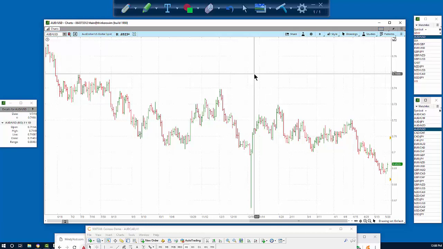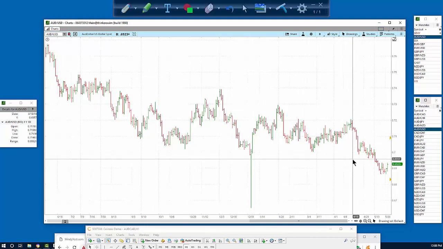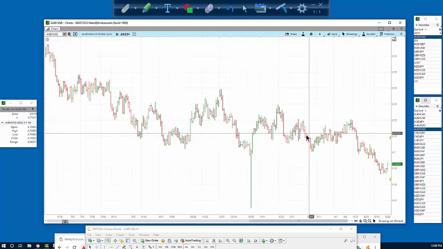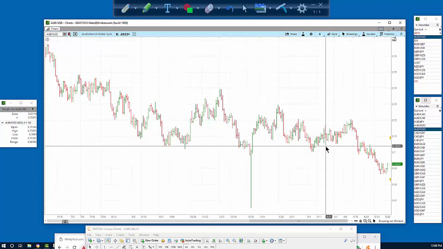Because we all like to use technical indicators, but technical indicators are just that. They're technical. And what that means is that essentially all technical indicators that you can put on a chart are nothing more than some manipulation of moving averages, right?